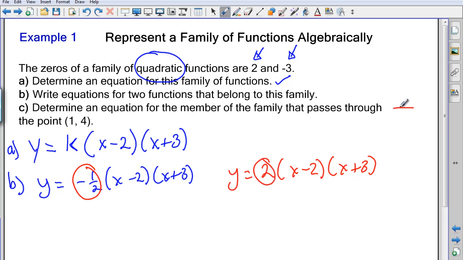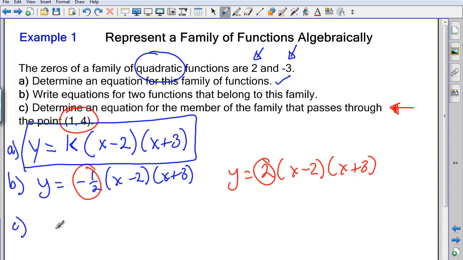Question C is one that we've actually tackled already. It asks us to find the equation of the exact line that passes through the point 1 and 4. And in that particular case, we can use the answer from part A to help us in solving. I'm going to replace 4 wherever I see a y and 1 wherever I see an x.